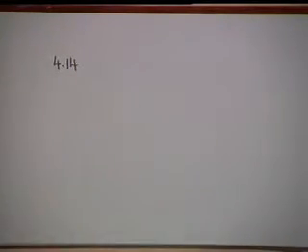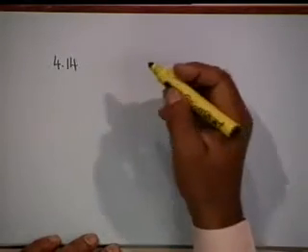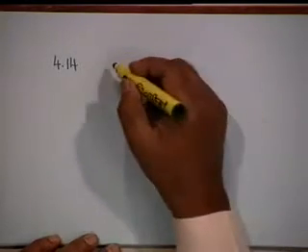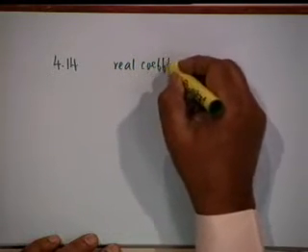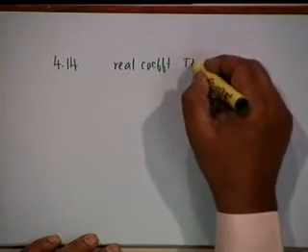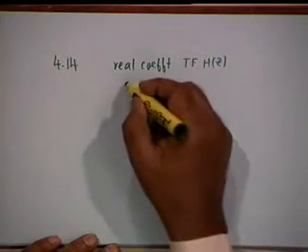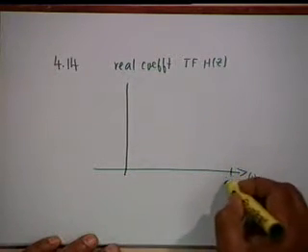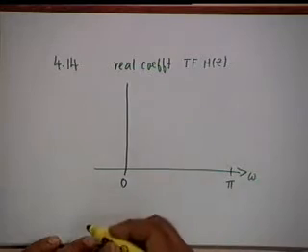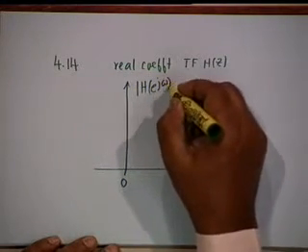This is relatively simple. The problem states that the magnitude response of a digital filter with real coefficient transfer function H(z), the magnitude response is shown in this figure, 0 to pi and mod H(e^jω).